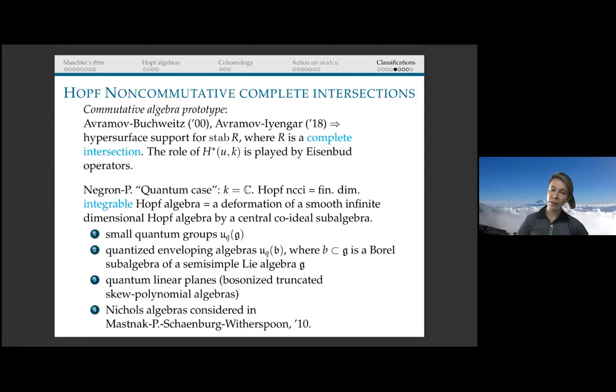It does not cover at all this new work with Ivan and Nicholas and Sarah, because in general, Nichols algebras will not be smooth deformations, will not be what we call integrable, whereas the algebras that we consider there, when we put this big restriction on the parameters, are smooth deformations.